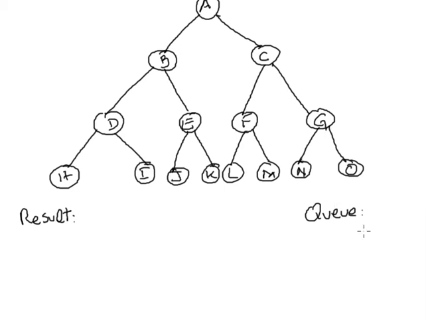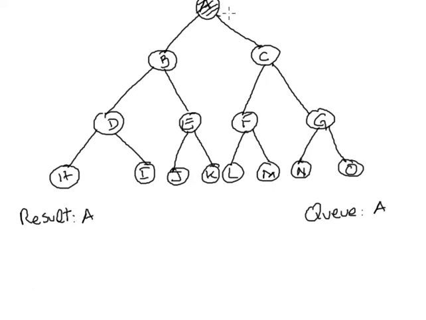Okay, so let's make a start. We're going to start with node A, and we're going to put that A on our result, which will give us the path that we're going to traverse in this tree structure. So because we are starting with A, we put A on our queue, and we will mark node A as visited with these little dash lines.